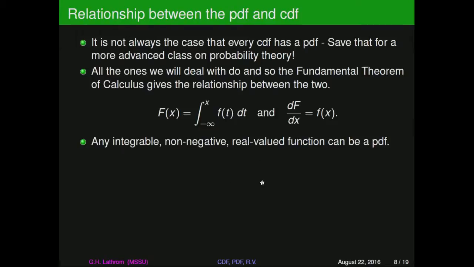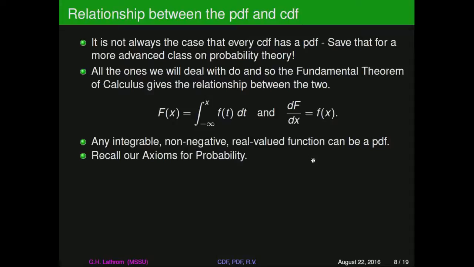And what does it take to be a PDF? We need a function that we can integrate, so any integrable, non-negative, real-valued function can be a PDF. If we can take the integral of it and the function is never negative, we can turn it into a PDF.